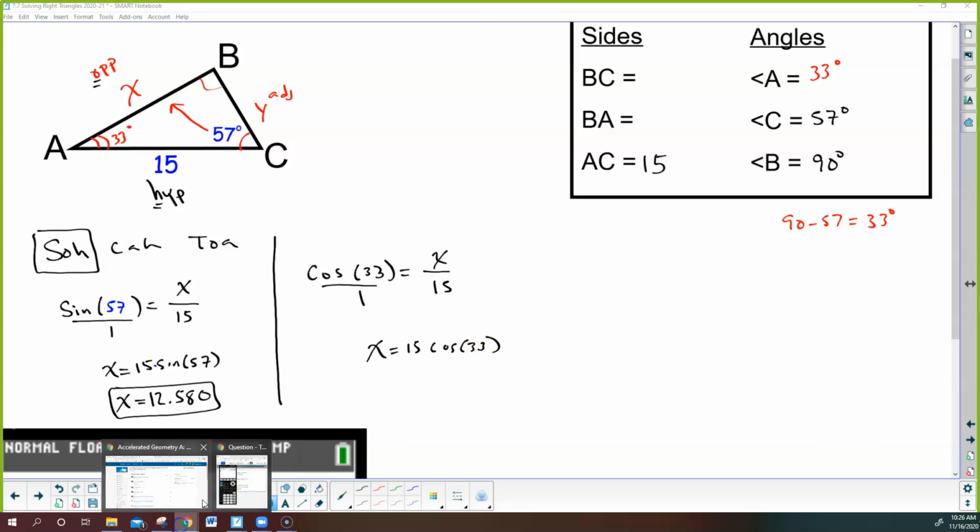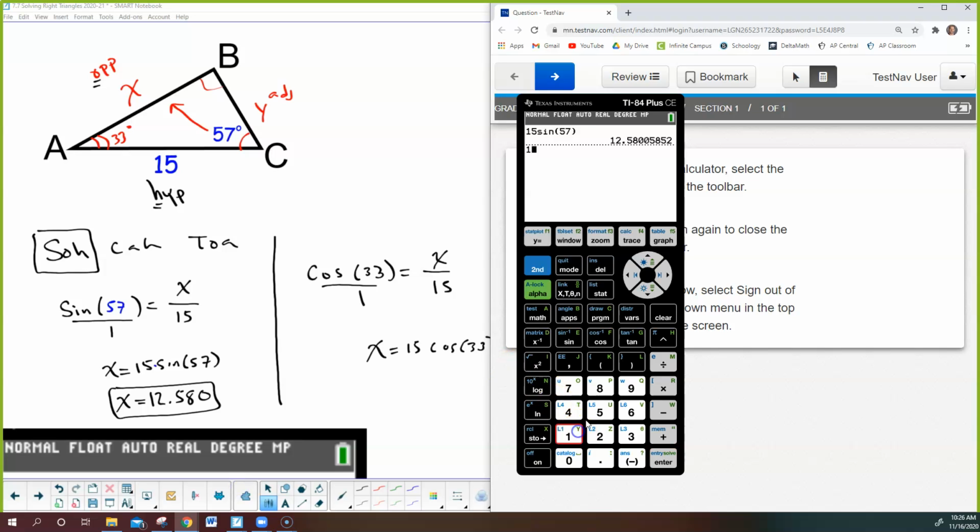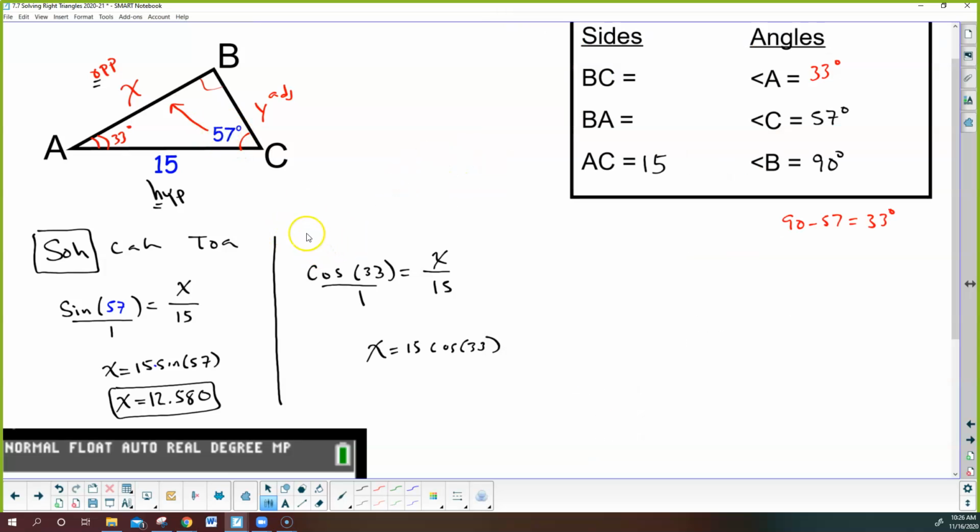And I'll show you that really quick. So what is 15 times the cosine of 33? Exact same thing. So if you chose to use 33, as long as you labeled it differently, because my reference angle was C for the way I labeled it, if you labeled it where here's the opposite and the adjacent, you're going to get the exact same answer. So it doesn't matter which acute angle you use. I always recommend using the one that they gave you.